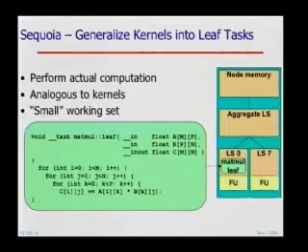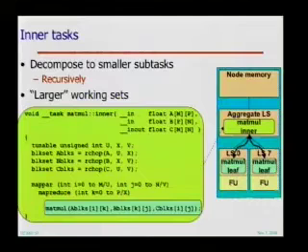Now what's interesting about this is it's machine independent. All of the knowledge about how big a local store is in Cell, or even how many levels of the hierarchy there are, is hidden in these tunables. Right now, the way our programming system works is we set these manually for each level that we instantiate inner tasks in a mapping file. So you have the source file, and then you have the mapping file that goes along with it.